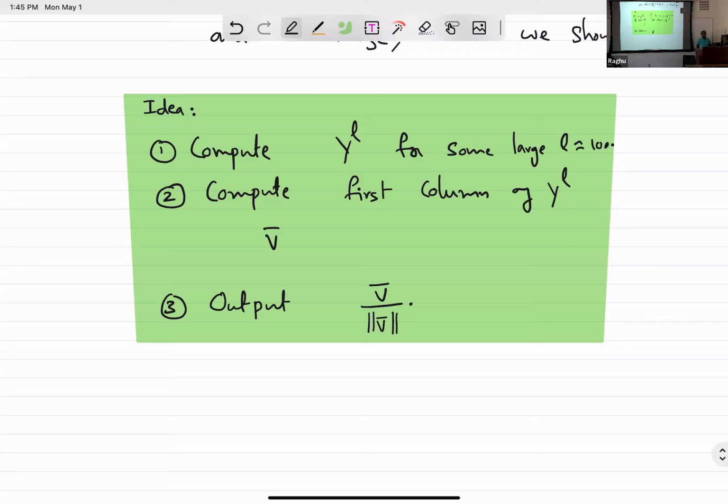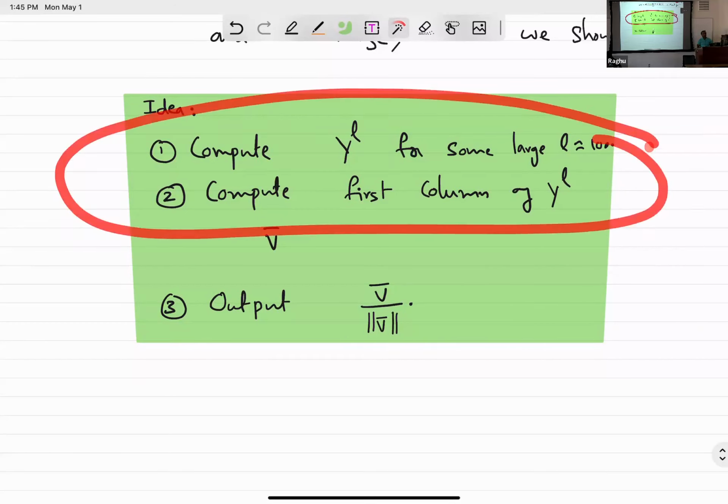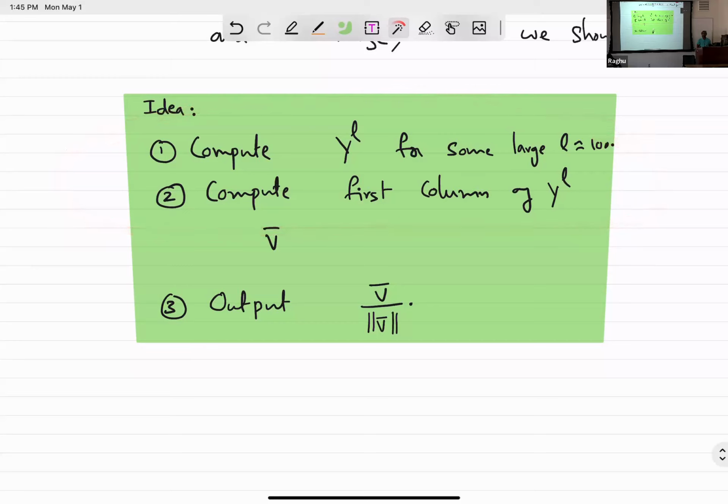Okay, very good. Now I want to do one twist to this, and this will lead to essentially the power iteration algorithm, right? Can you tell me one source of inefficiency here? Matrix multiplication, right?